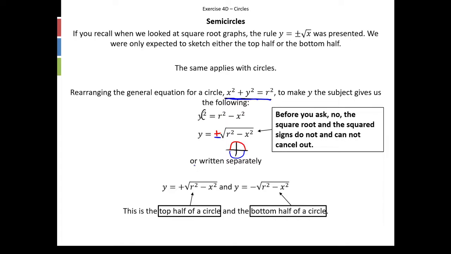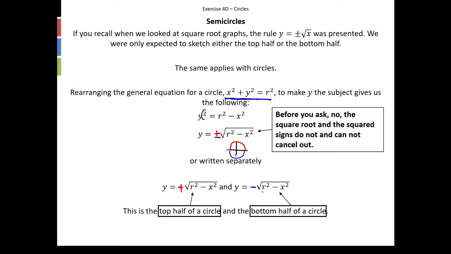But if we write them separately and take just the positive, that will be the top half, like I've just drawn, and if we take the negative, that will be just the bottom half of the circle.